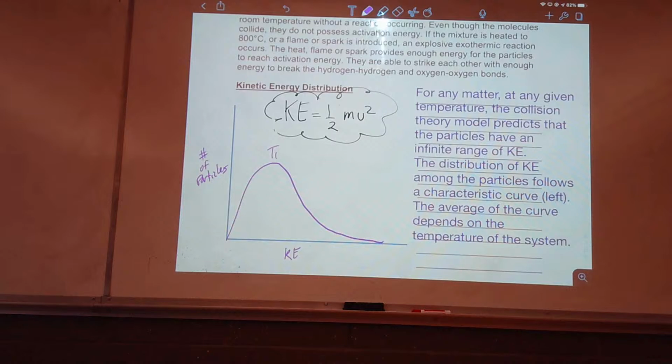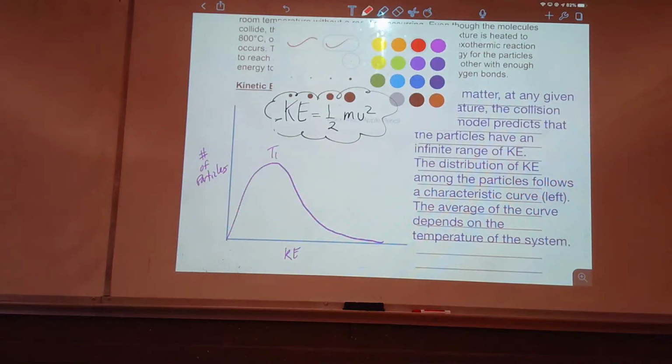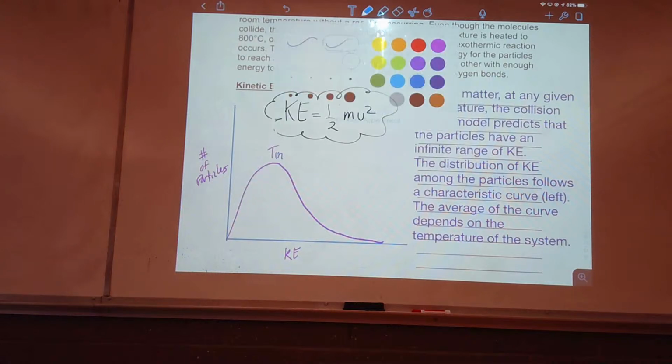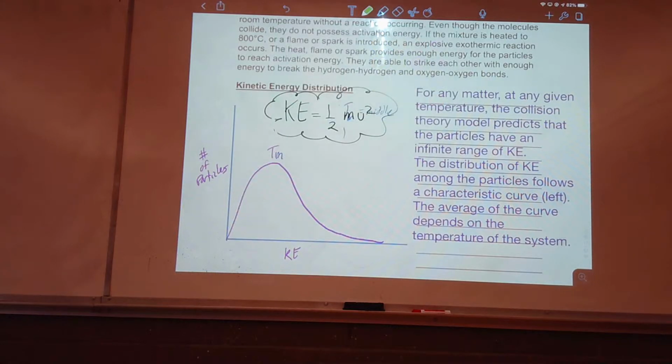It can sometimes be difficult to wrap your head around, but it does have to go up. So as it cools down, let's call this TM for middle. And then let's go to TL, TL for low.